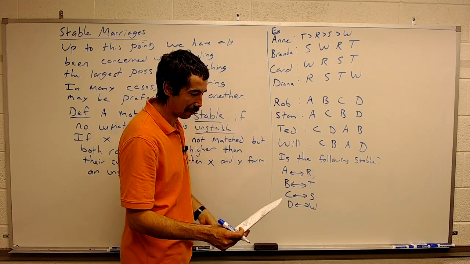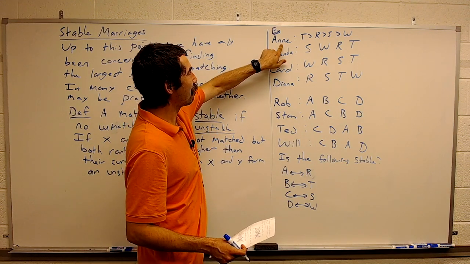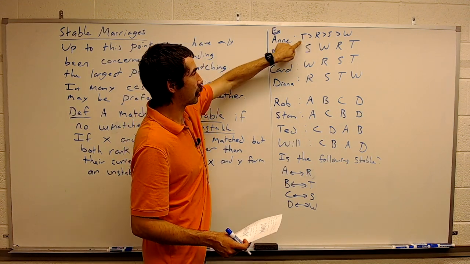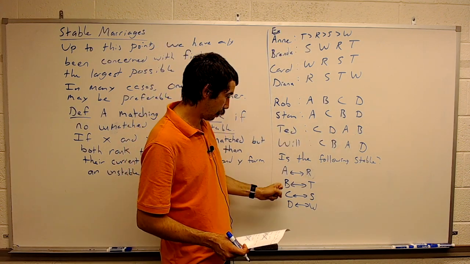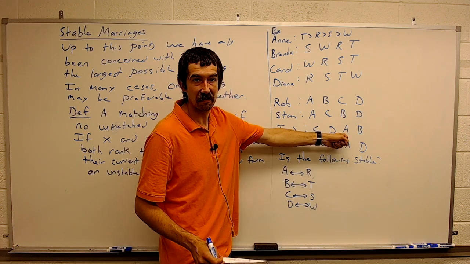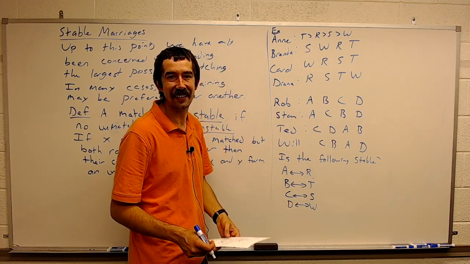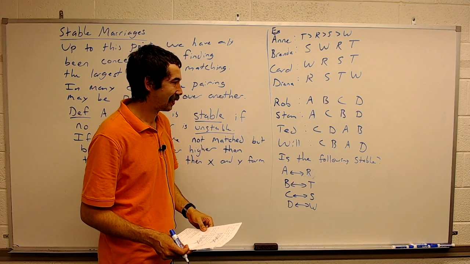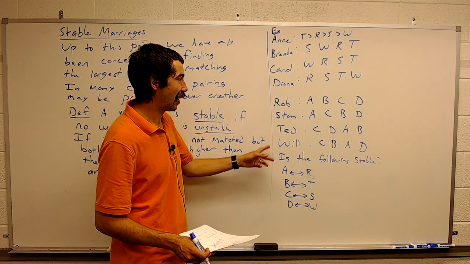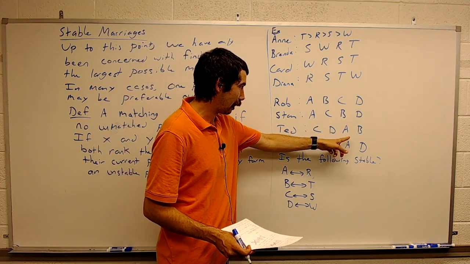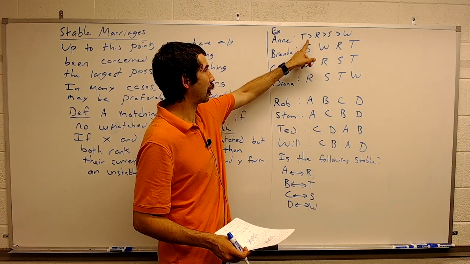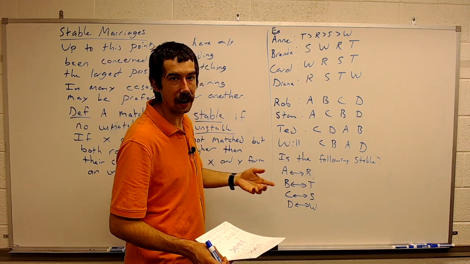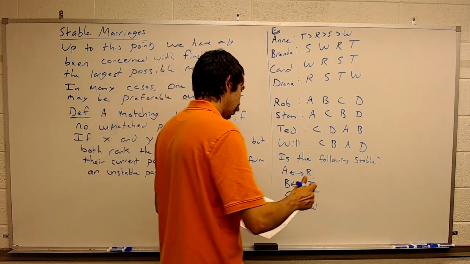So Anne would leave Rob for Ted, and Ted would leave Brenda for Anne. So they're an unstable pair. Right? Ted would happily leave Brenda for Anne. Anne would happily leave Rob for Ted. They're an unstable pair.